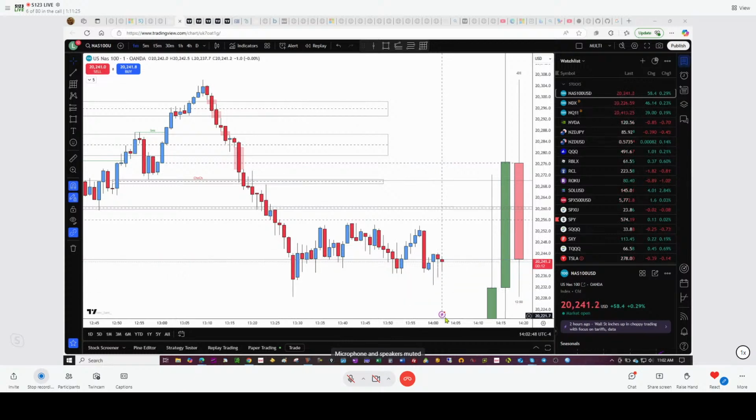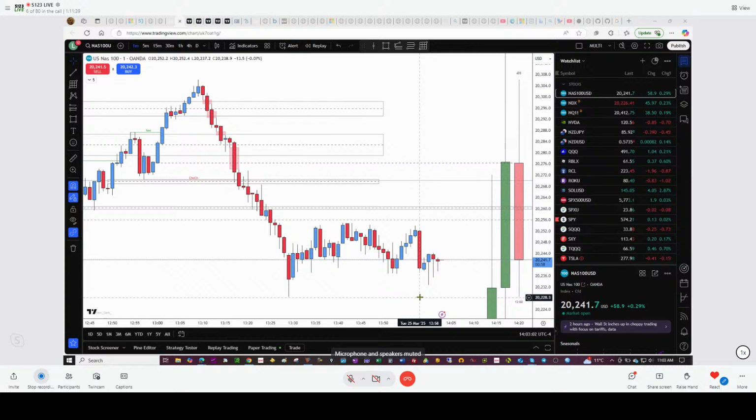So here we are now, we're at 2 minutes after. So looking for the first gap that forms. I'm looking for a bearish gap because we're in a downward mode. So I don't really want to be going long at this point, right?